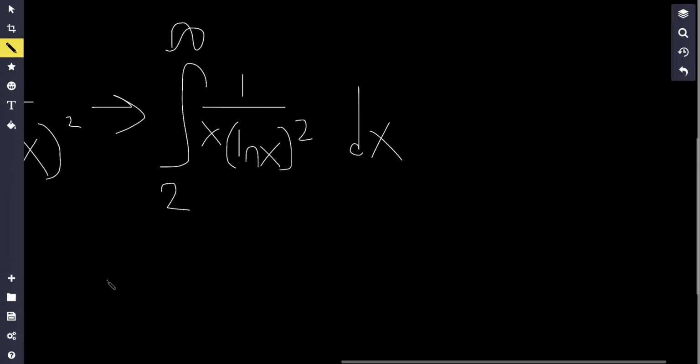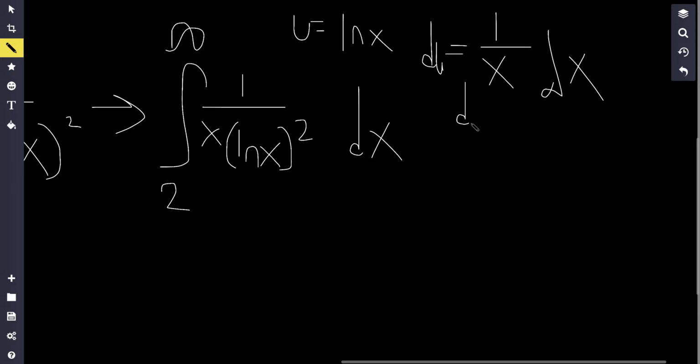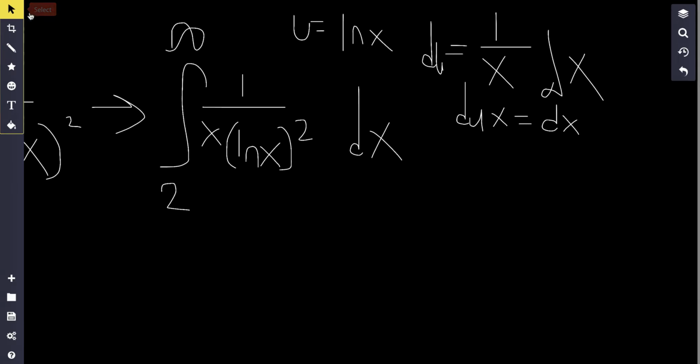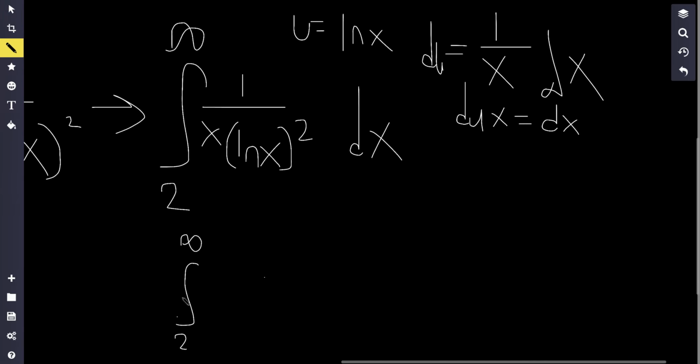Let's solve this. Once again, we're going to use u sub, so u is going to be equal to ln of x. Du is going to be equal to 1 over x dx. So that means x du is equal to dx. Okay, now let's get started. So u is equal to ln x, so I'm going to have the integral from 2 to infinity of this.